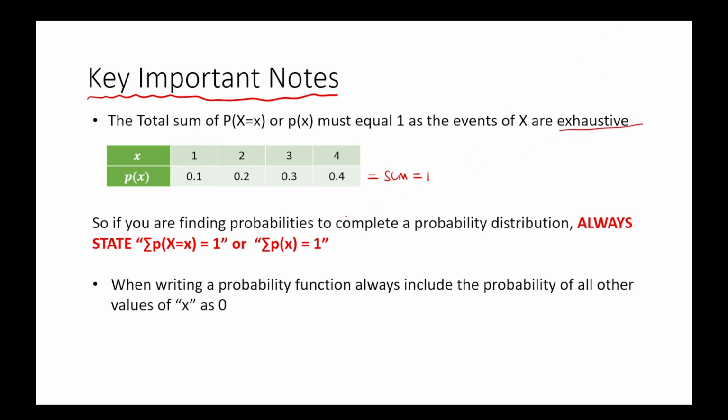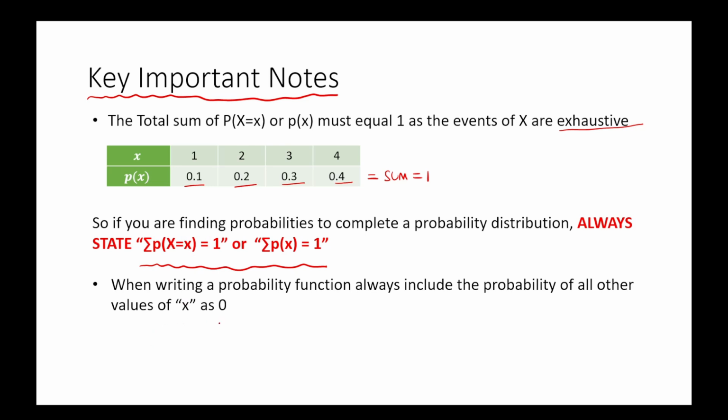So whenever you are working with a probability distribution, particularly when you are asked to find the probabilities of each of these, which will make a lot more sense when we go through some examples, make sure that you always state that the sum of the probabilities, either written as the sum of p equals x or the probability of x equals 1.